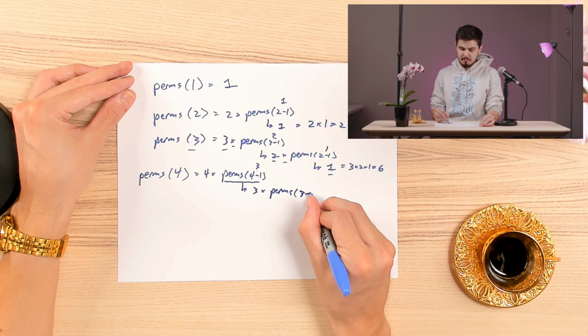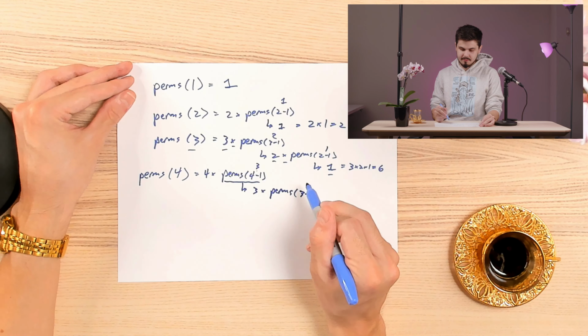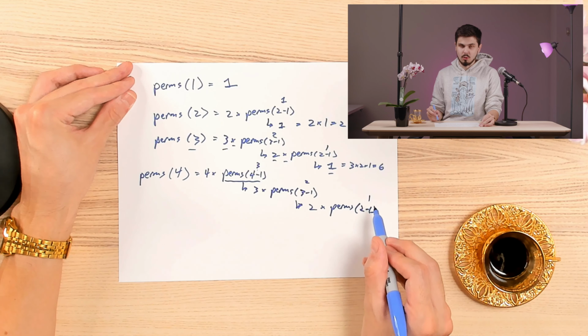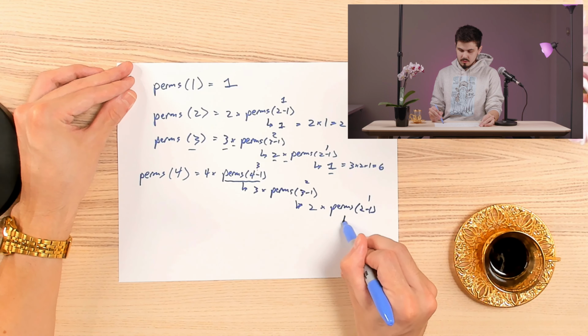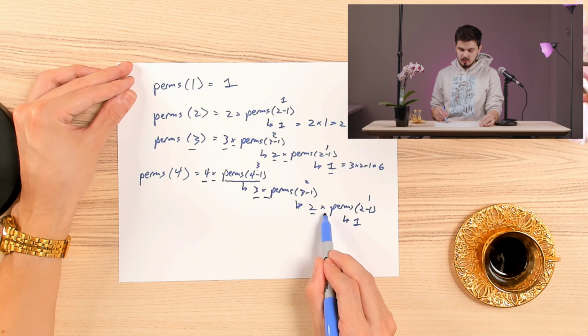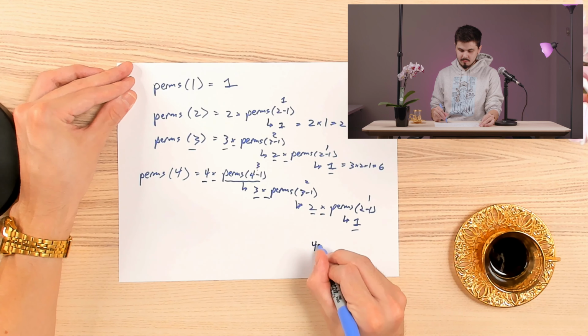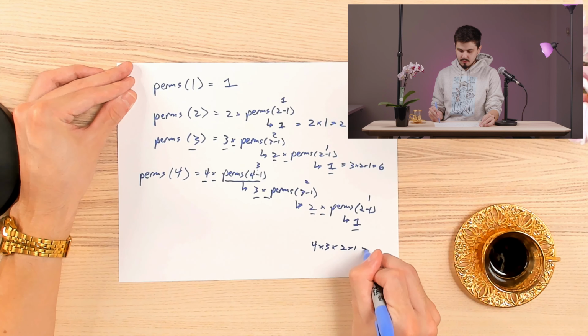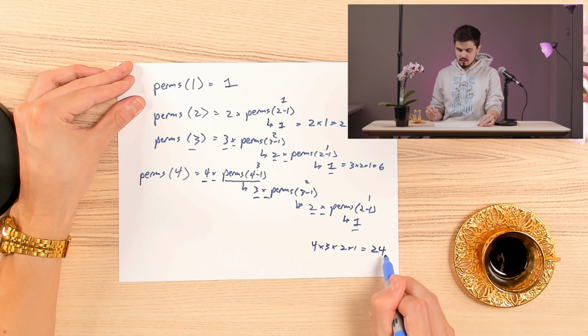So 3 minus 1 is 2, which is equal to 2 times perms 2 minus 1, perms of 1, which is equal to 1. So for perms of 4, we have 4 times 3 times 2 times 1 equals 24.